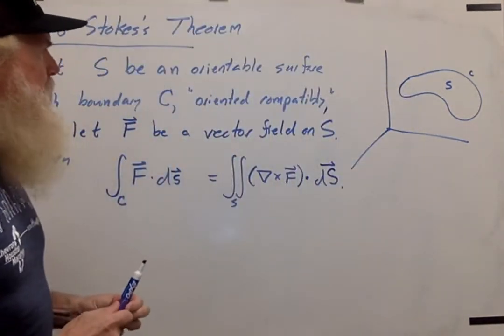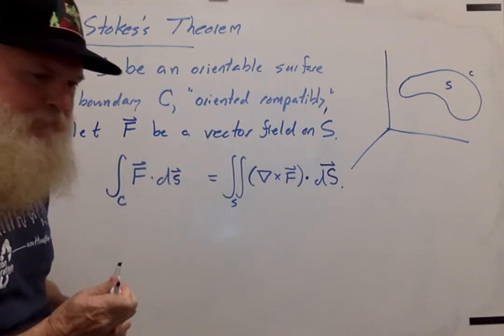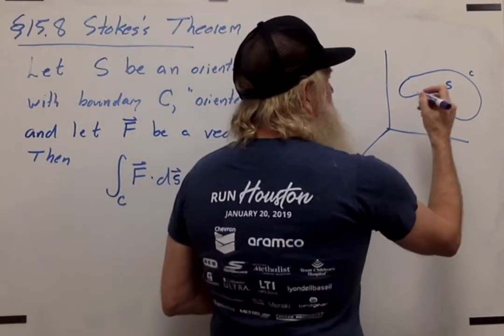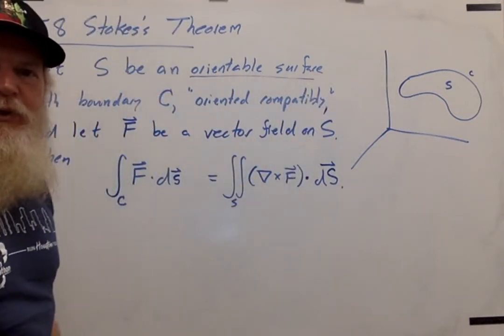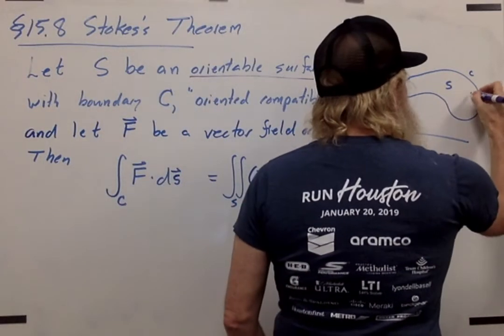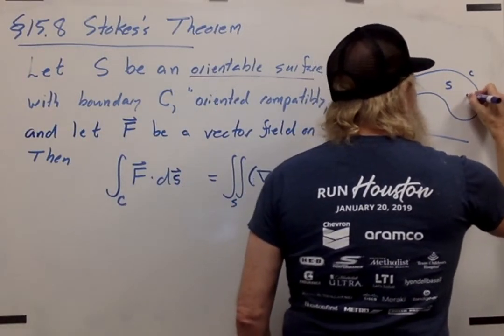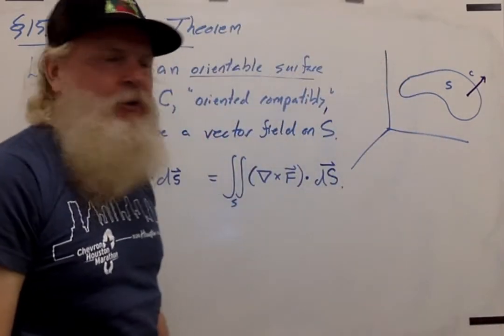Now let me tell you what I mean by having the curve and the surface oriented compatibly. Remember that when we have an orientable surface, that means that it's possible to assign a unit normal vector to each point in the surface. And there are two choices for that. And the orientation has to be given in the problem.